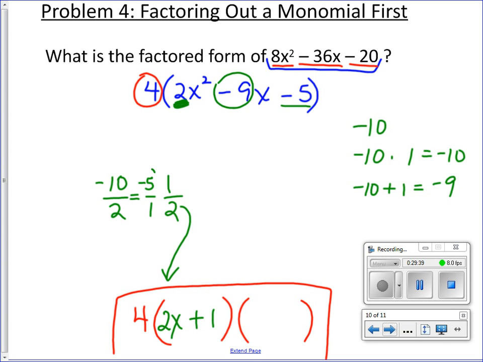So using this fraction, our denominator 1 is the coefficient of the x, and I don't have to show it, and then minus 5 is what is tacked on. And again, you can use FOIL here to double check your answer to make sure that you get the original problem.